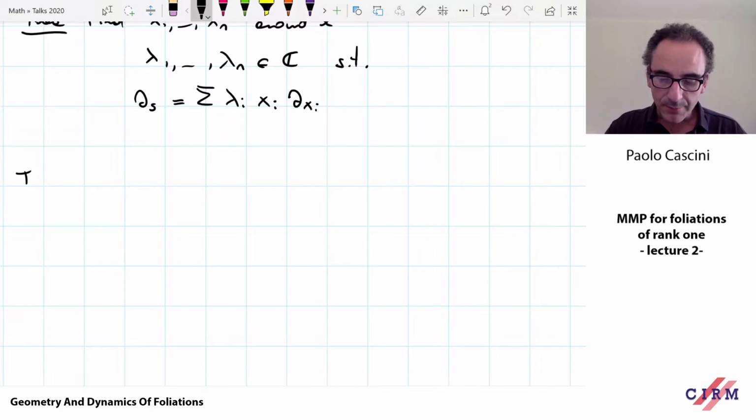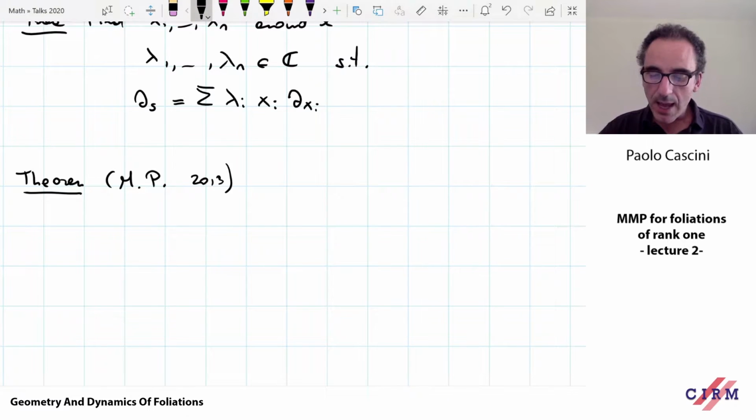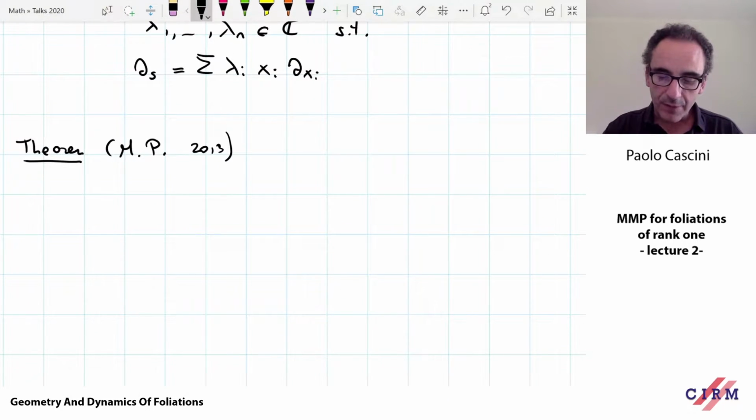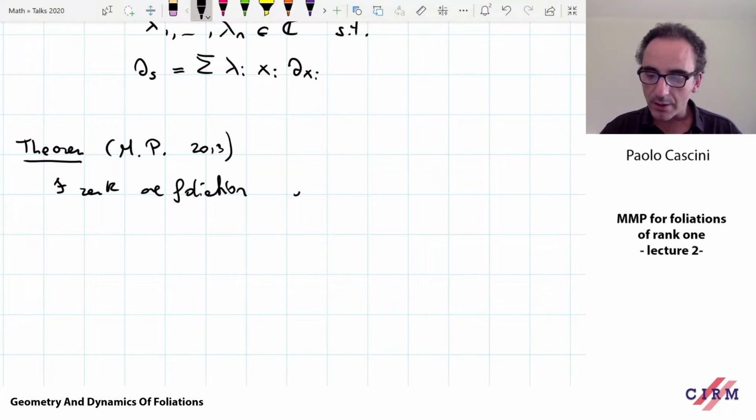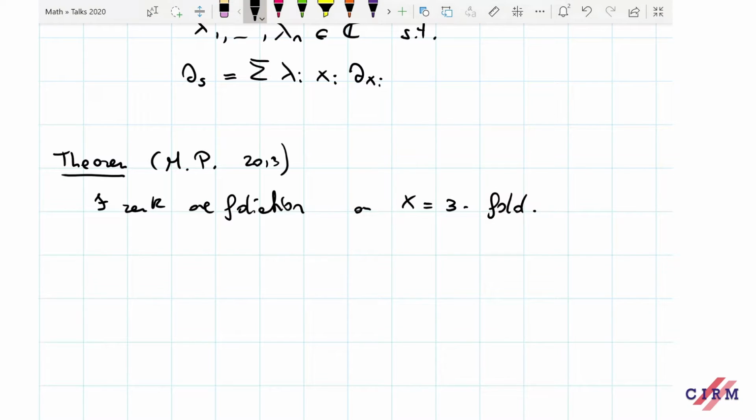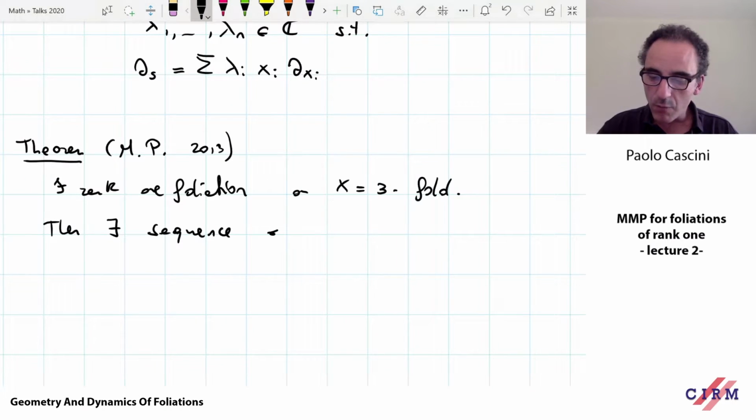So the theorem is due again to McQuillan and Panazzolo, and I think it's 2013. It states that, let's suppose that F is a rank 1 foliation on a threefold X. Then we can find a sequence of weighted blow ups.